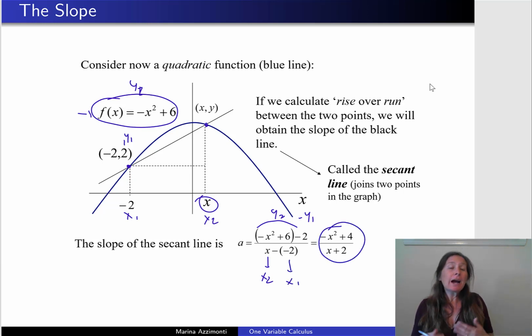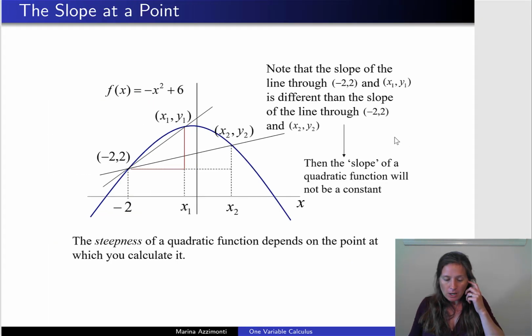So we have the formula for the slope of this function, and the question is, could we use the slope of the secant to approximate the change in your costs when you increase production by 1 unit?